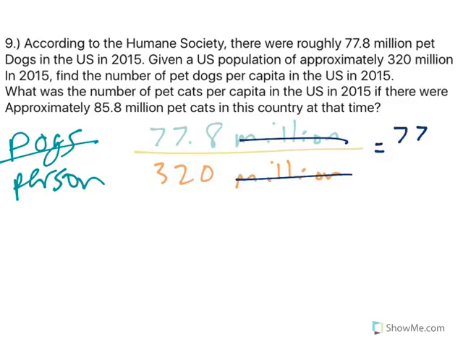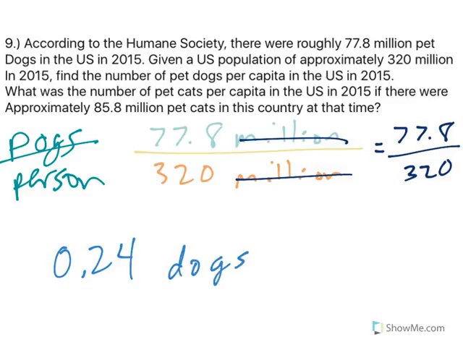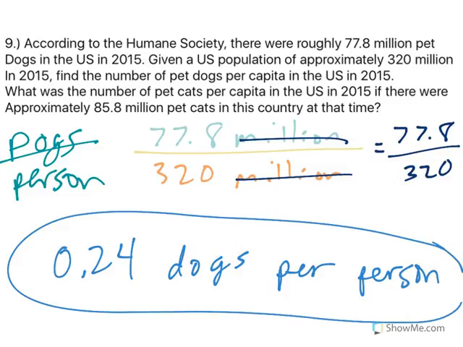So I'm really just dealing with 77.8 divided by 320. When I divide those numbers, I get an answer of 0.24 dogs per person. So basically 1 out of every 4 people has a dog. That's kind of what that comes out to, because 0.24 is close to 0.25. 0.25 is 1/4 as a fraction, so 1 out of 4 people is how I got that.